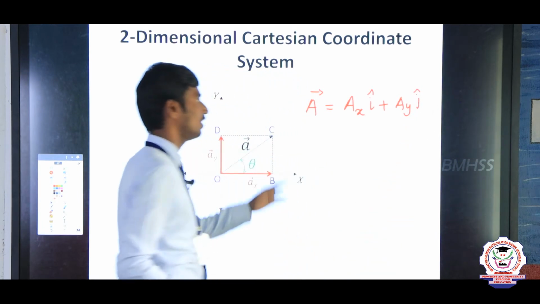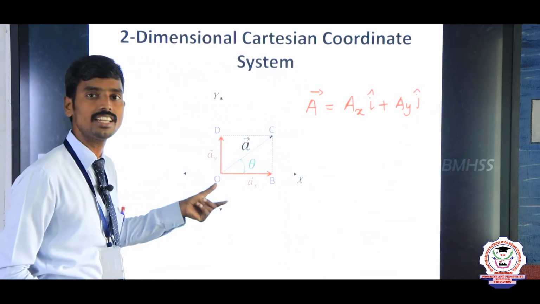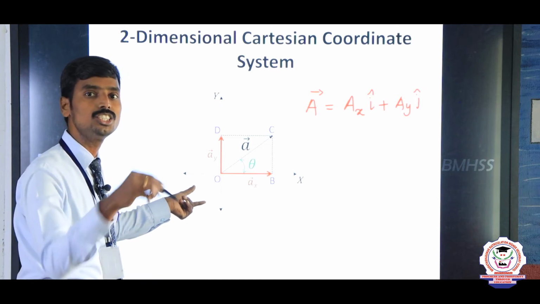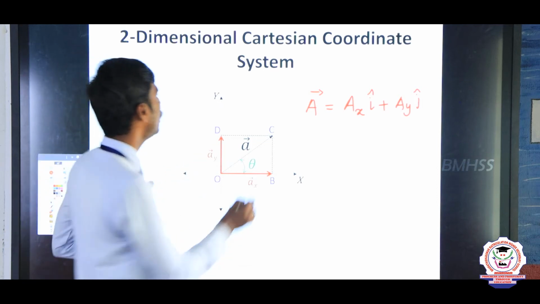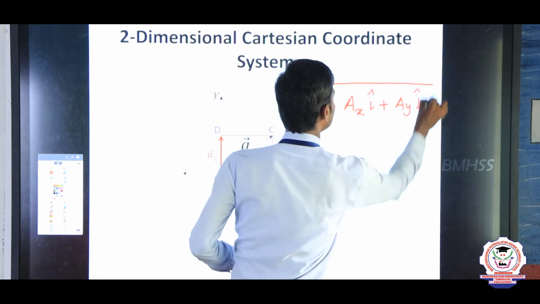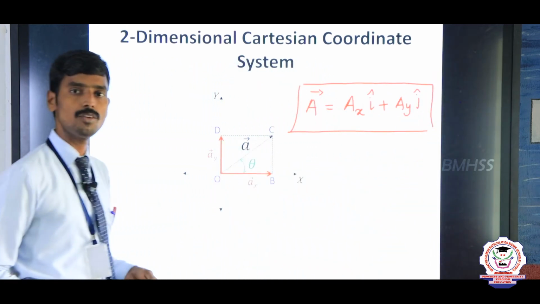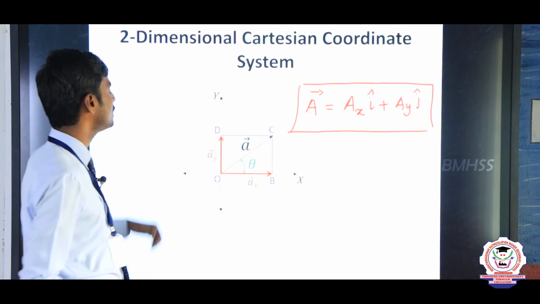What about k cap, the unit vector k? Here the z direction is absent, so it is a zero vector. This is the two dimensional Cartesian coordinate system. Similarly, b vector equals bx i cap plus by j cap, so z is 0.